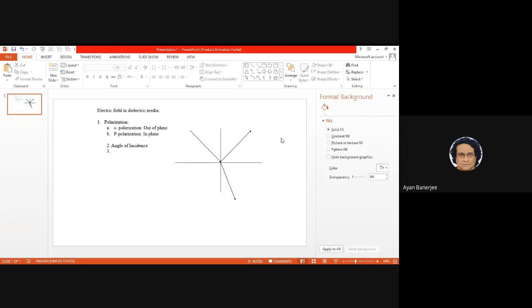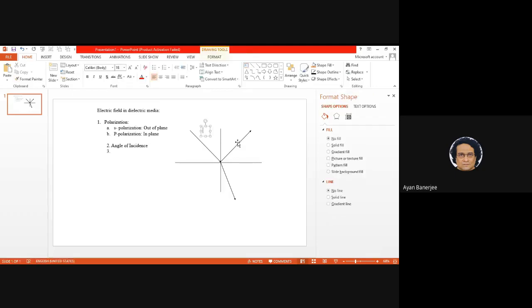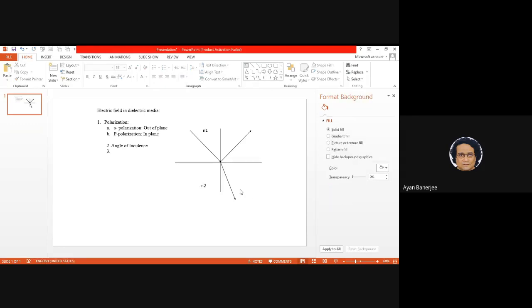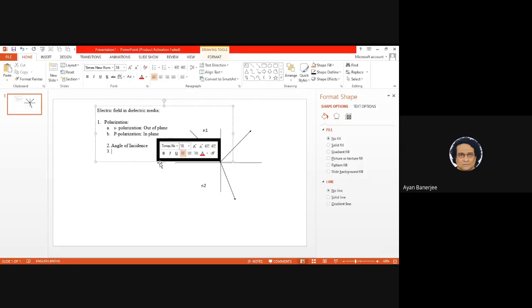Fantastic. Okay. So the things that I have to put else are N1 and N2. As I said, the magnitude of refractive indices with respect to each other is completely crucial.